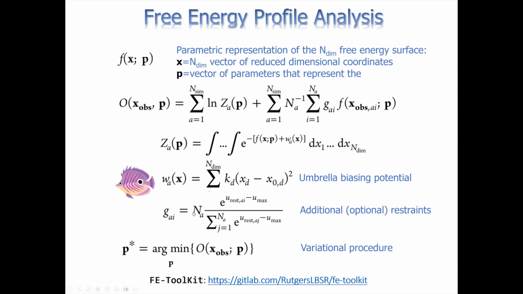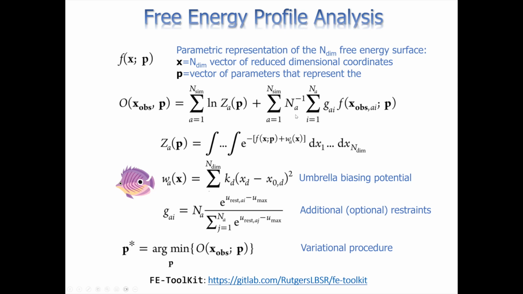And over here is any additional restraints that you need to impose on the system that you choose later to remove. The idea is once you've constructed this objective function, where you're going to be looping over every simulation, and NA here is the number of observations, the number of snapshots that you've collected for a particular simulation.